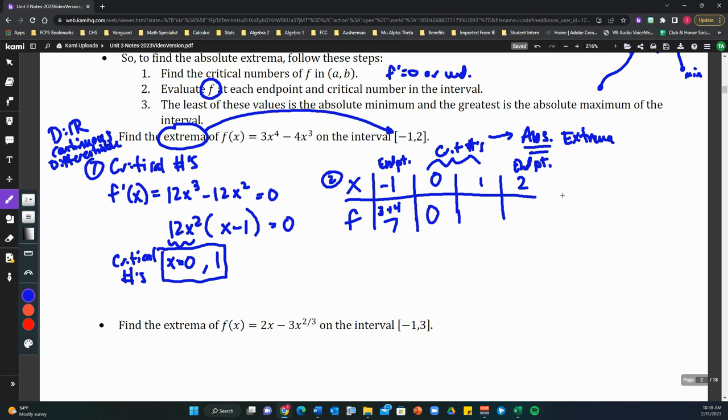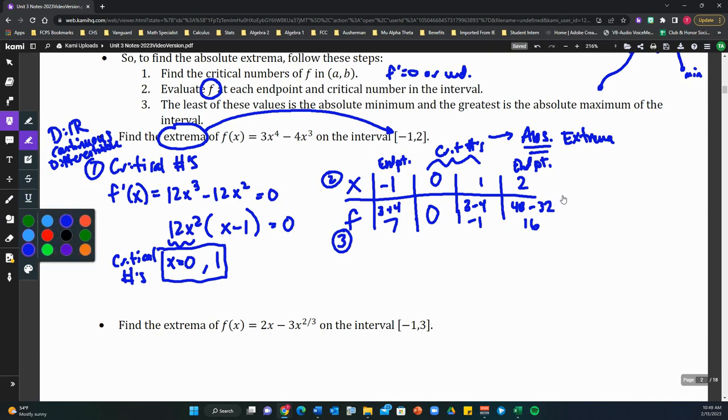It's going to make 0. For 1, I get 3 minus 4, or -1. And then 2 going in, I get 16 times 3, which is 48, minus 2 cubed, which is 8 times 4, which is 32. So 16.